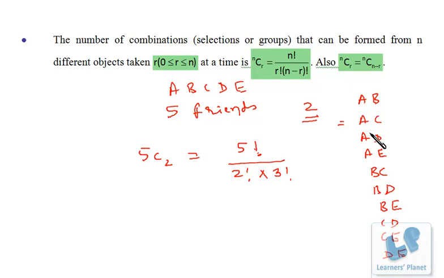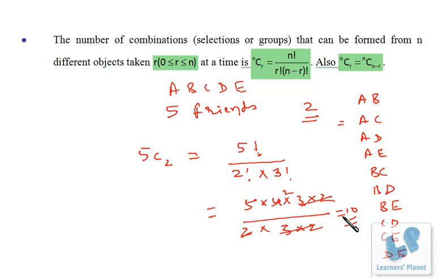So in all, 10 combinations are there, right? So if we solve this, it's 5 factorial, that is 5 into 4 into 3 into 2. This is 2 factorial, that is 2, and 3 factorial is 3 into 2, right? So we are getting 10 combinations, right?